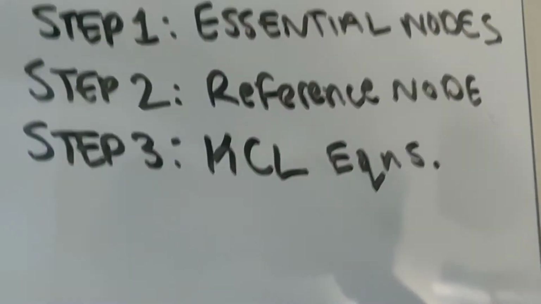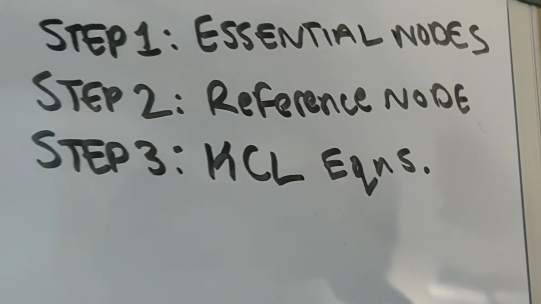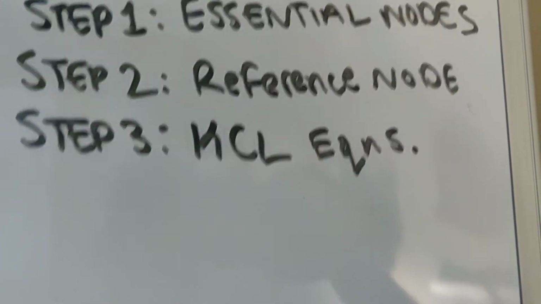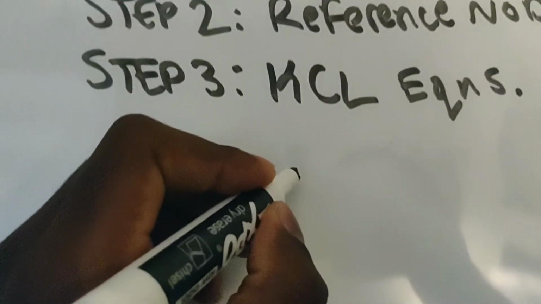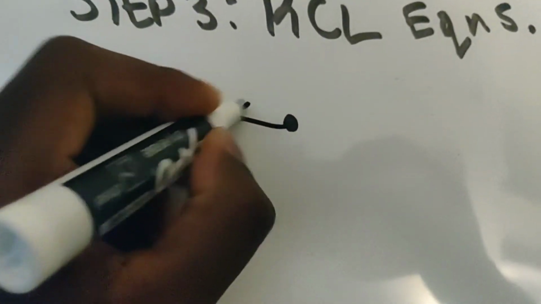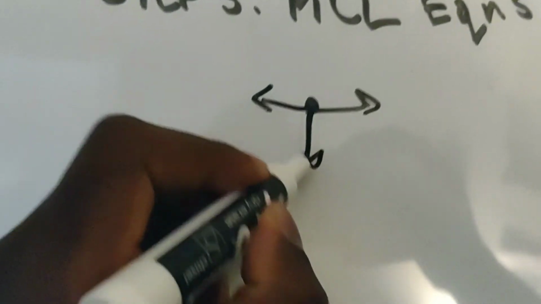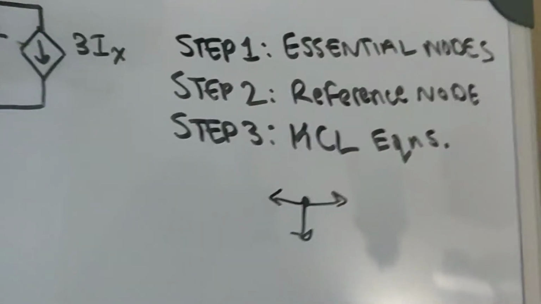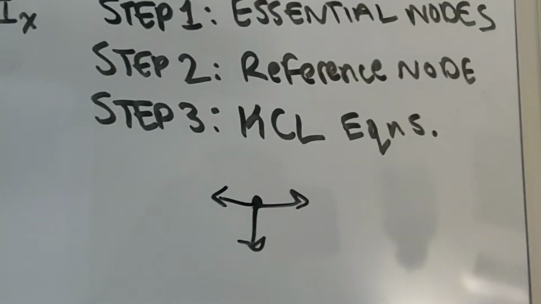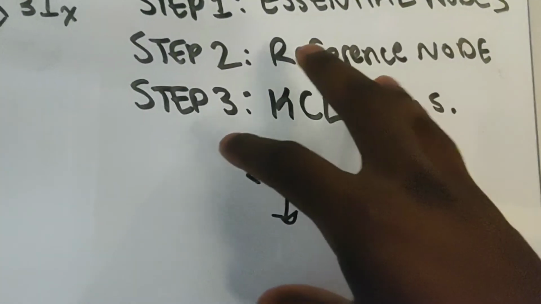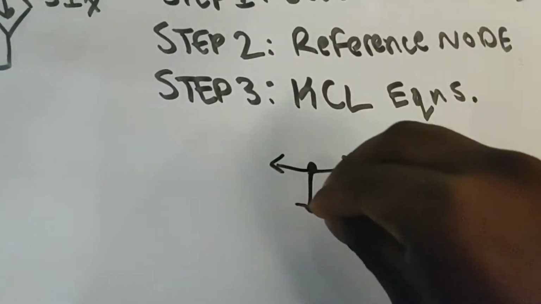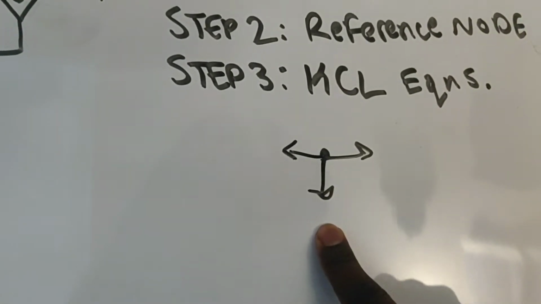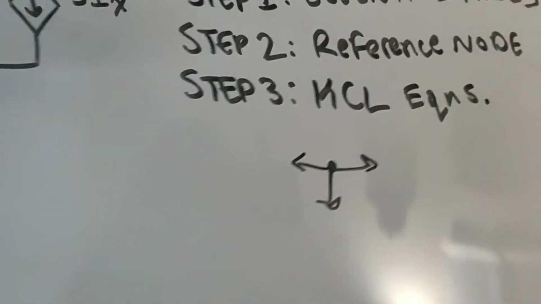Step three is to write KCL equations going outward from your essential node to your reference node. So all this should go straight down to your reference node from whatever direction or whatever branch. You can also write your KCL equations of all the currents going into the reference node, but I like to do it like this.